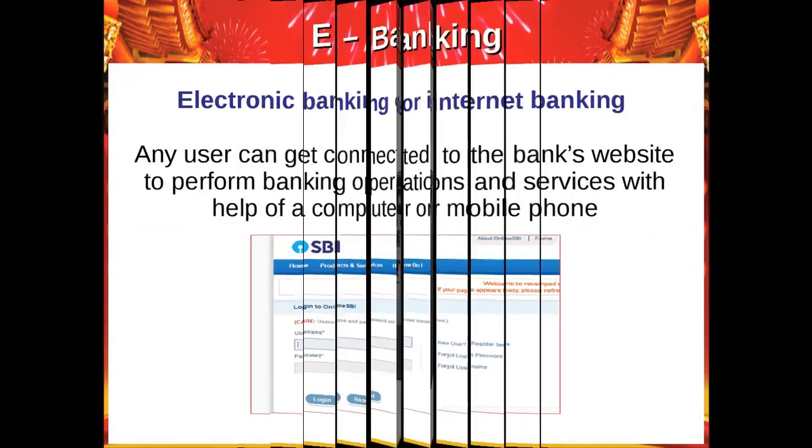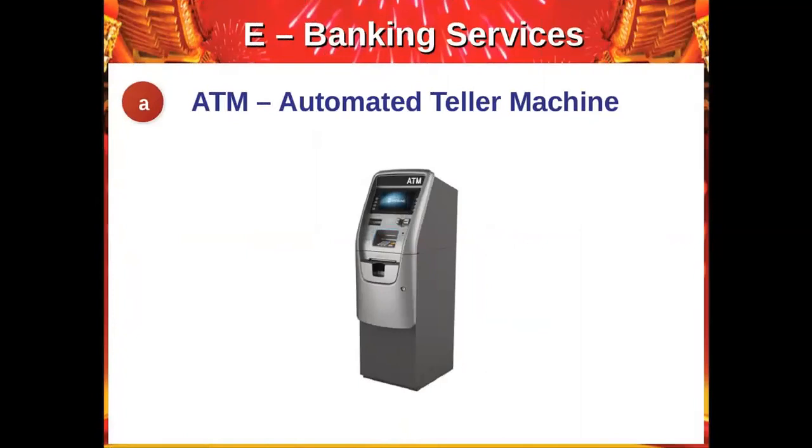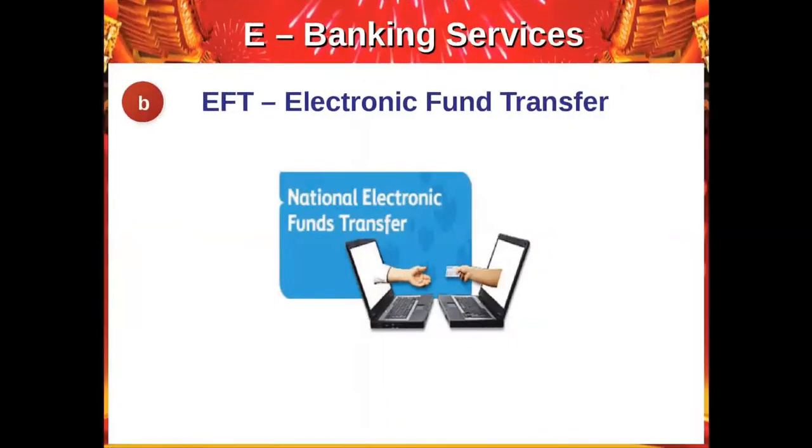Just explore. Then ATM, everybody uses ATM these days. It's not any time money, it is automated teller machine. Anytime you want, you can withdraw cash using your debit or credit card. EFT, electronic fund transfer, we spoke about it last class. RTGS and NEFT are also a kind of electronic fund transfer.